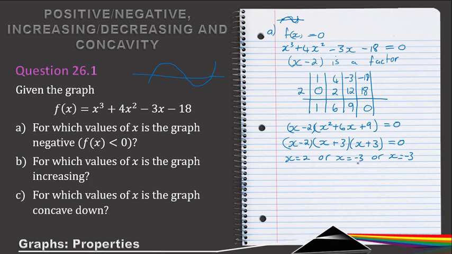So we know that -3 is less than 2. If I have to choose which one is going to lie on the x-axis, I can move it up and put this turning point over there, or I can move it down and put this turning point over there.